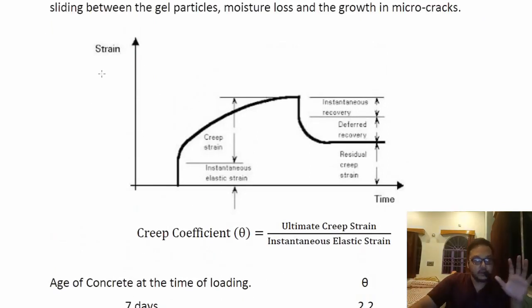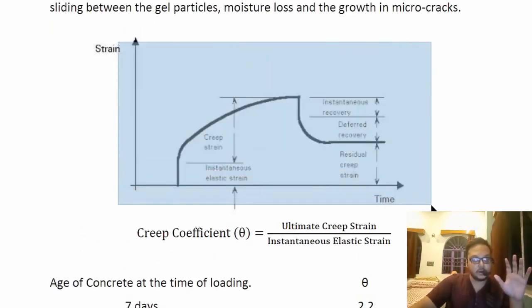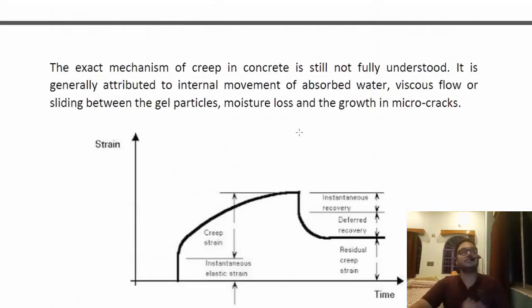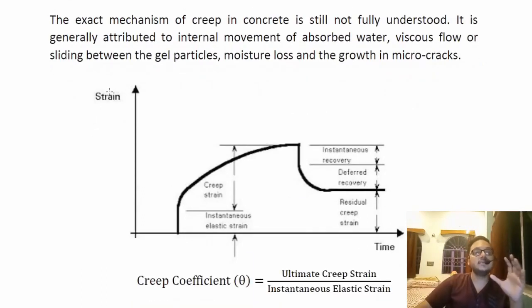This is a graph which shows the creep of the concrete, and this is not a stress-strain graph, this is a strain versus time graph. As you know, creep is a time dependent strain, so we represent it with a strain versus time graph.